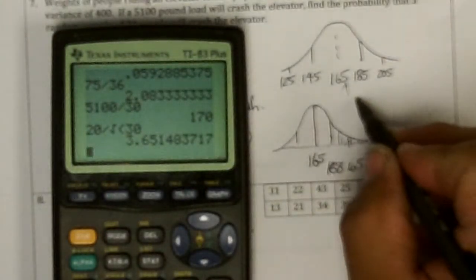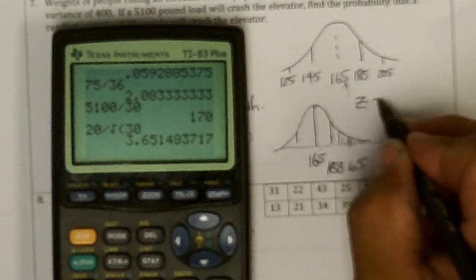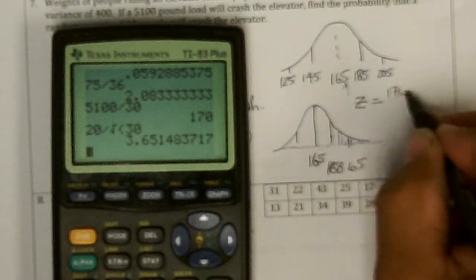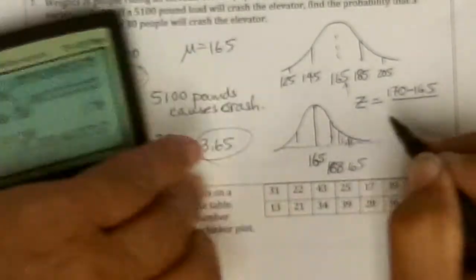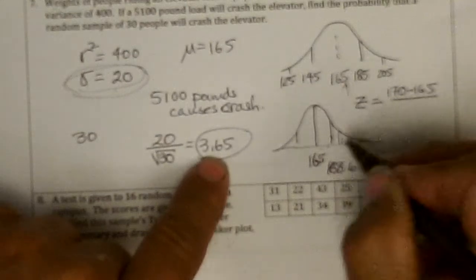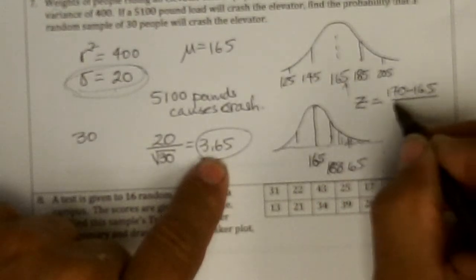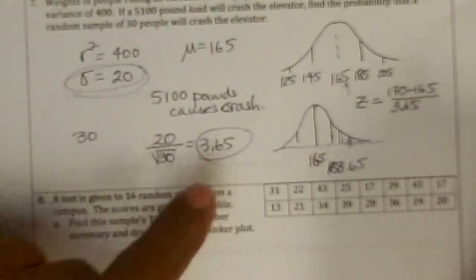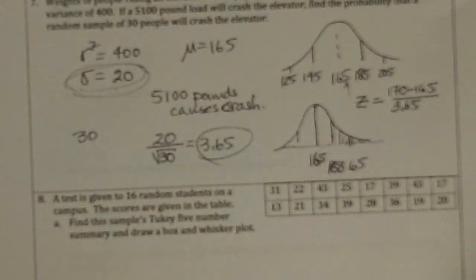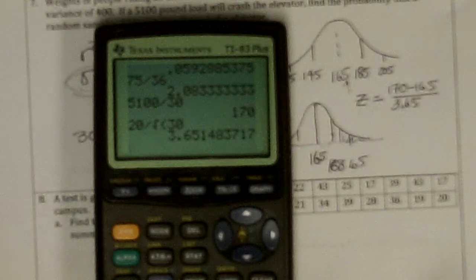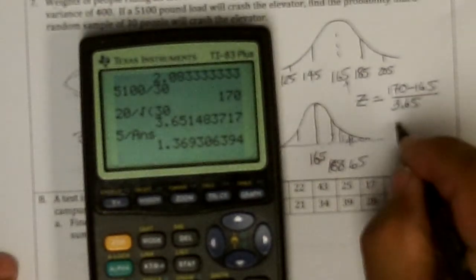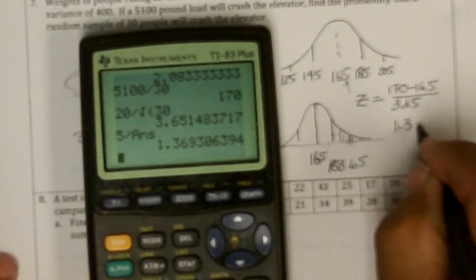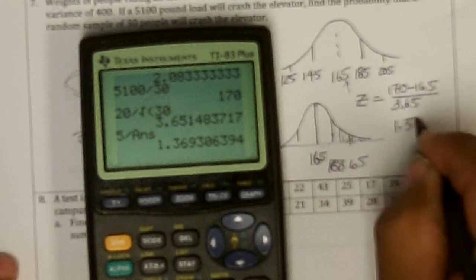I could get the z-score if I was using the table by doing 170 minus 165 divided by the standard deviation of this sample, the means distribution, 3.65. 170 minus 165 is 5, divided by my last answer is 1.3697.